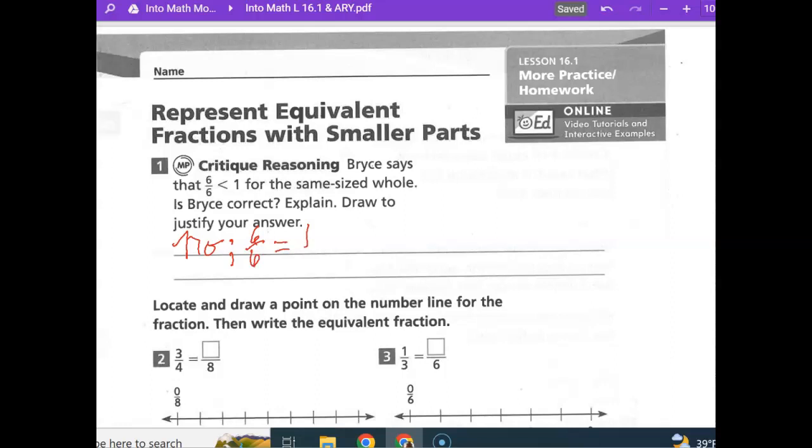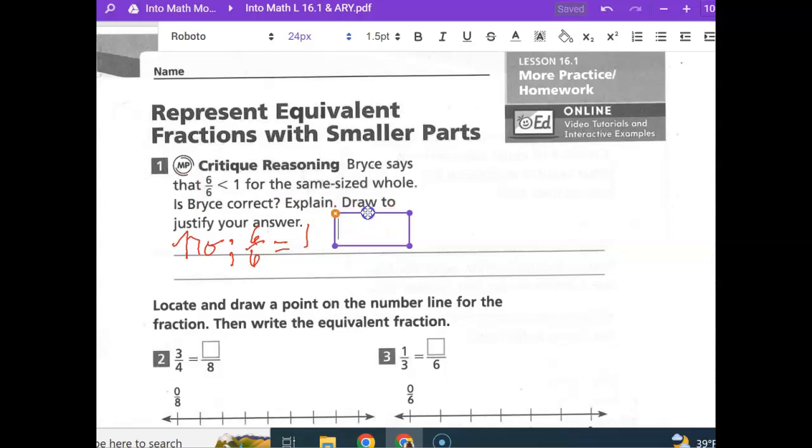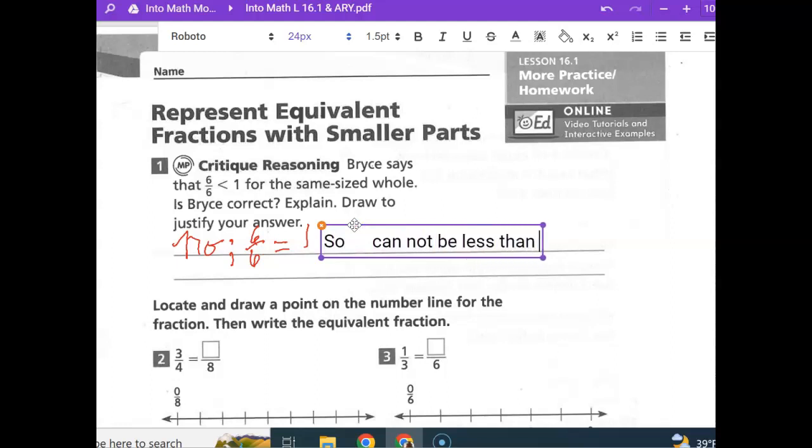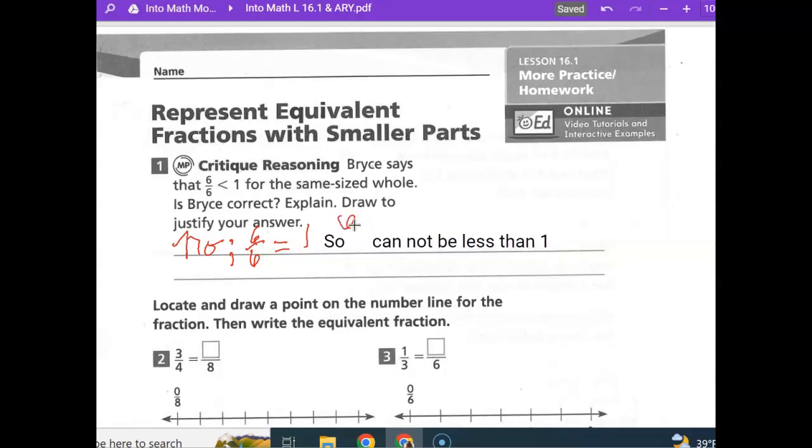So 6/6 cannot be less. And I think you should be able to do number 2 and 3.